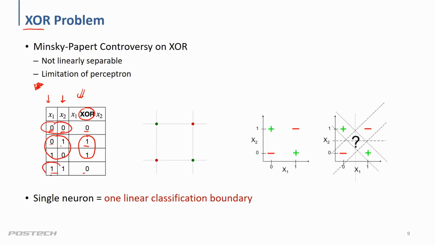If the two values are the same, it's going to produce zeros.